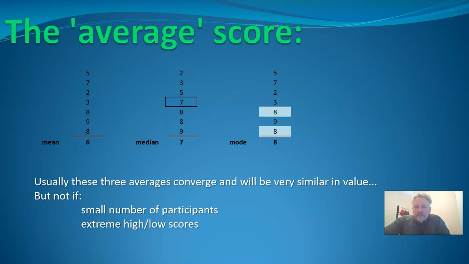If the mean has suddenly jumped up to, let's say, 22 or something, well then that simply wouldn't be representative of all those other scores. So if you've got extremely high or low scores, you have to be particularly careful when using the mean. Sometimes it might be better to use the median instead.